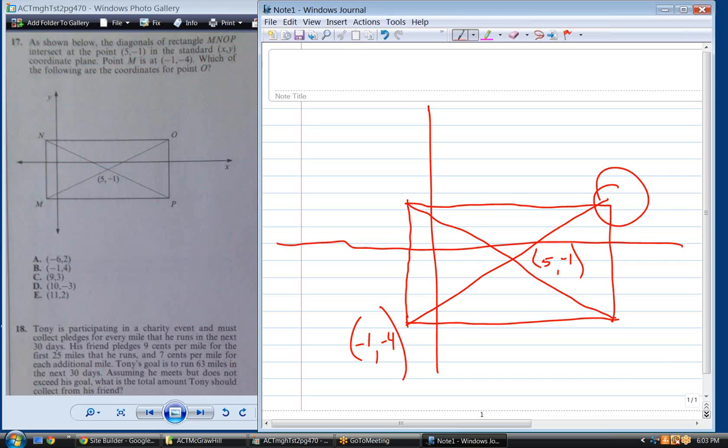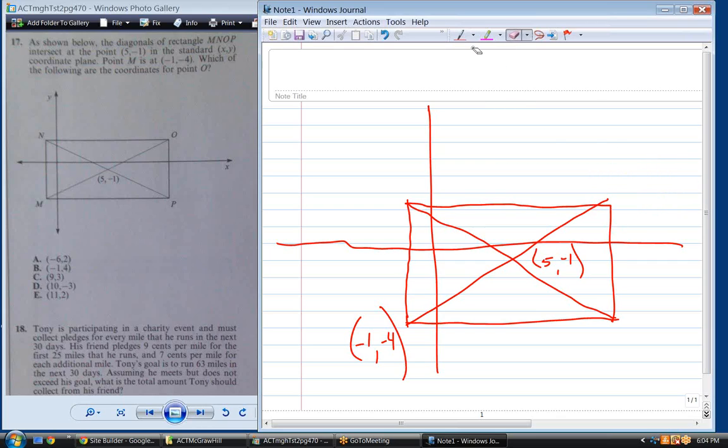What can't possibly be the coordinates of that point? E? No, E is one of the few numbers that could be. Could the coordinates of this be (-6, 2)? Look at it. Where is it at? Oh, no. Okay. Could it be (-1, 4)?